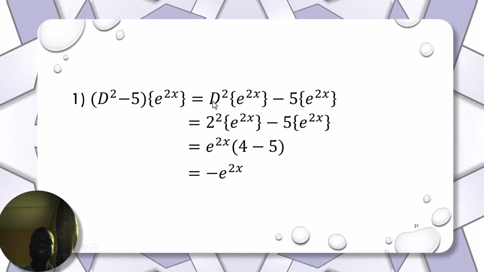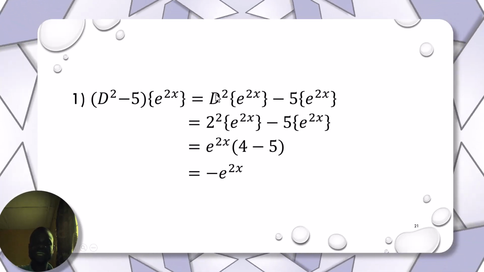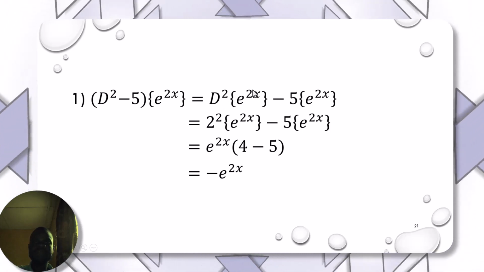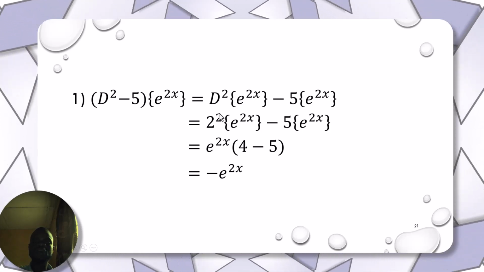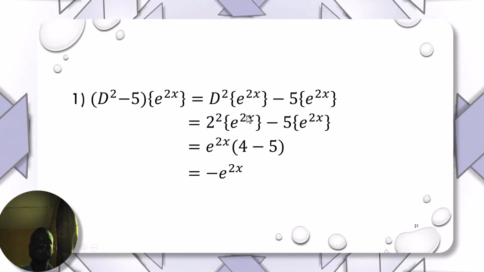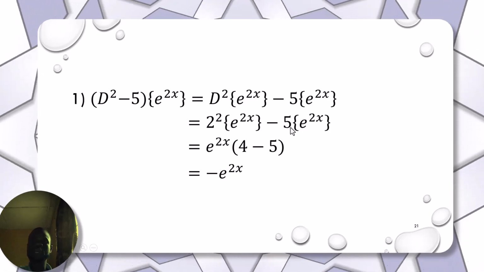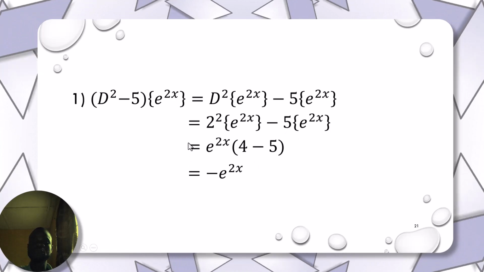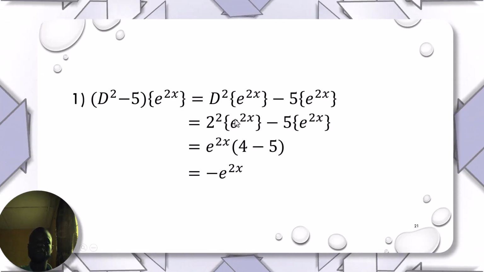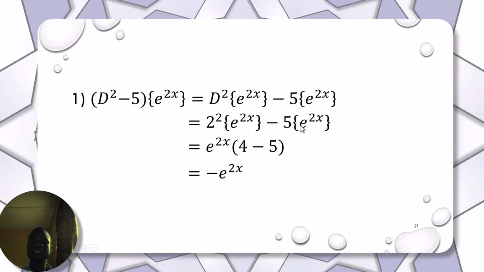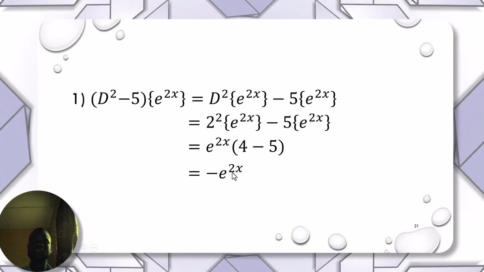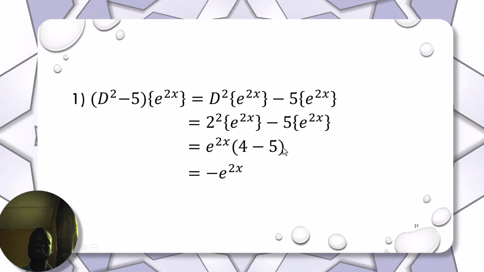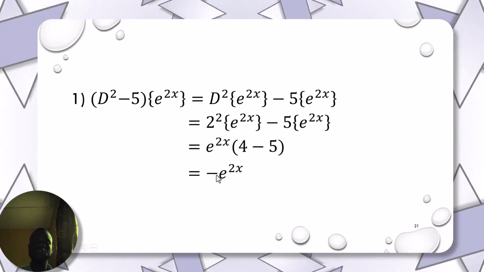The simple way is to remove my D and replace it with the coefficient of x, which is 2. So I have 2 to the power of 2, multiplied by this function. But here there's no D, so I simply open the bracket. For this, e to the power of 2x is common. I have 2 squared, which gives me 4, minus 5. Then 4 minus 5 gives me minus 1. Then I have this function to be minus 1.